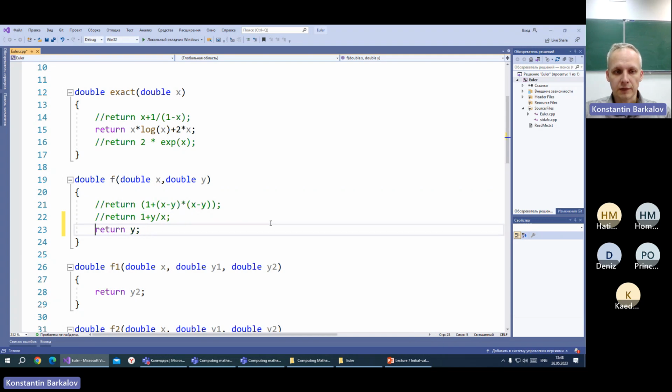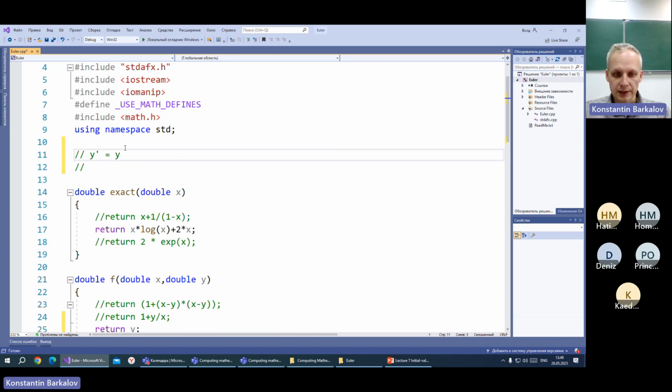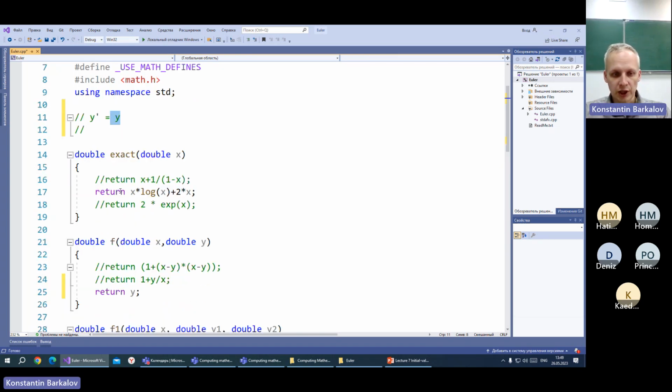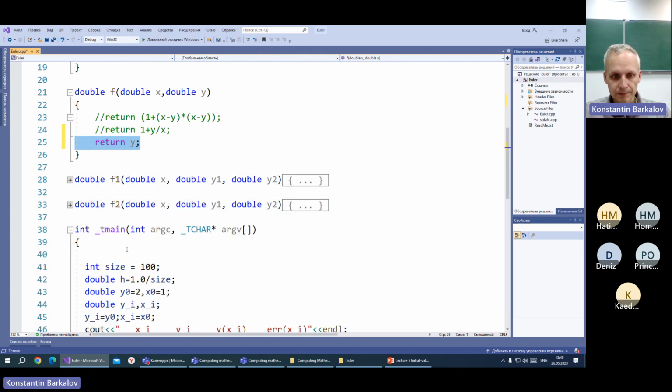Let's start our consideration from the simplest case: f of x, y equals y. So let's consider the equation y prime equals y. In this case, the right-hand side is just y. Well, these other functions are not necessary now.